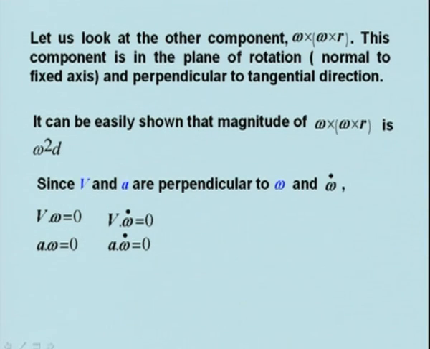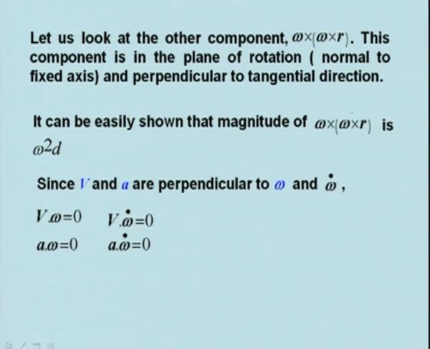It can be easily seen that its magnitude is omega square d, because the magnitude of omega cross r is omega times d, and multiplying by omega gives omega square d. So this is the centripetal component. Now since v and a are perpendicular to omega and omega dot, therefore v dot omega is equal to 0.